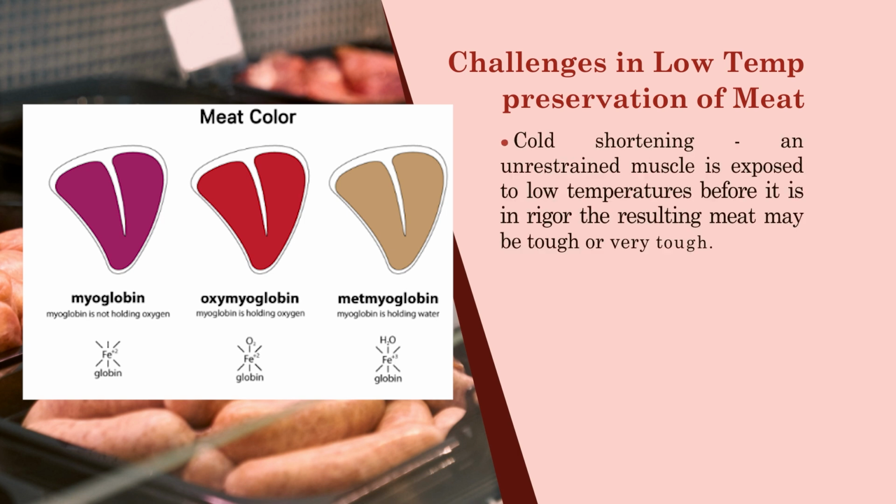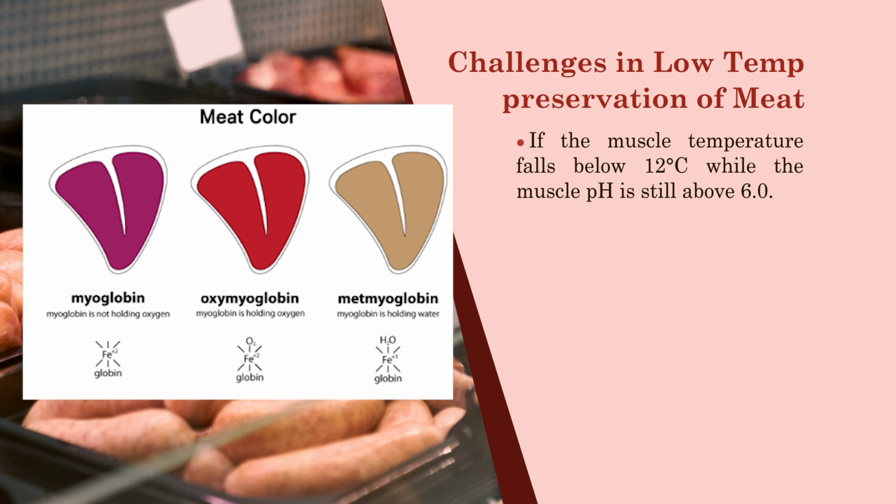Cold shortening is a shortening or textural change in the muscle, and the meat may turn into a rubbery kind of product. For this, if muscle temperature is falling below 12 degrees centigrade while the muscle pH is still 6, then this challenge may come.